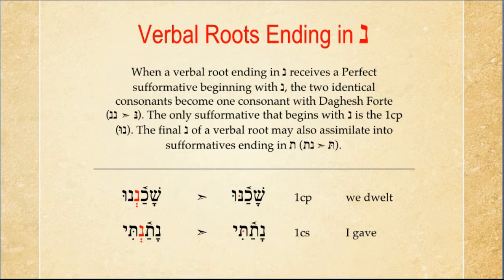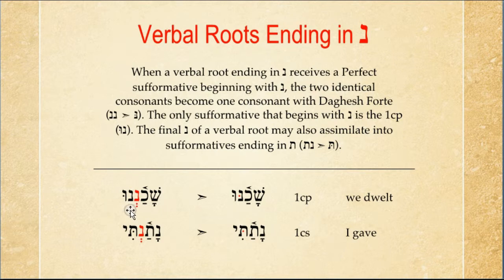Same situation happens with roots ending in noon. You have some verbs, like this particular one, shahan. Shahan means to dwell. And then in some endings in our paradigm, we have endings that begin with the noon, like the nu ending in the first person common plural, we. So we have the word shahan, shahan nu.